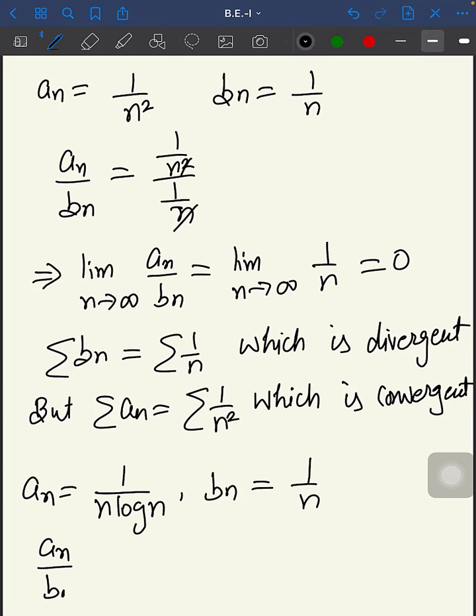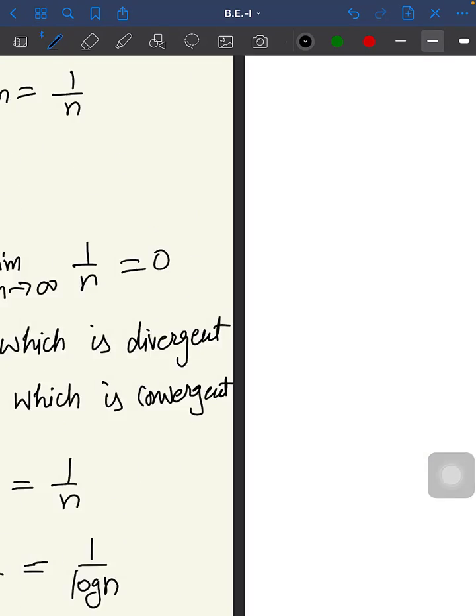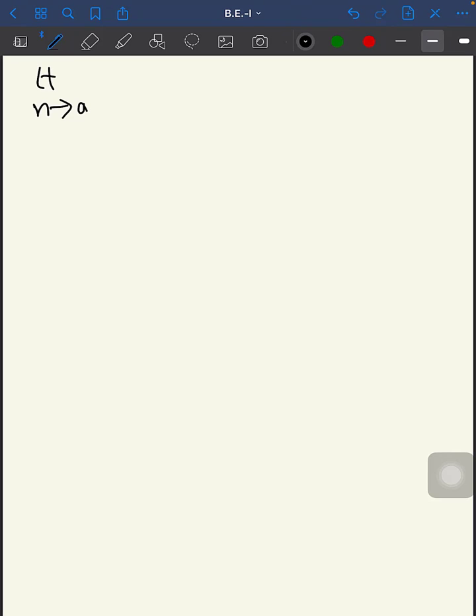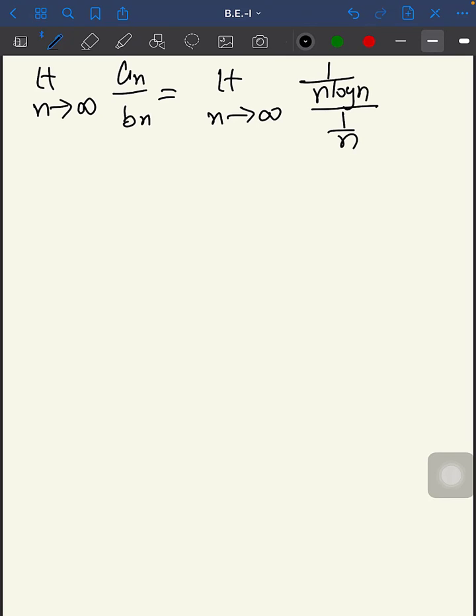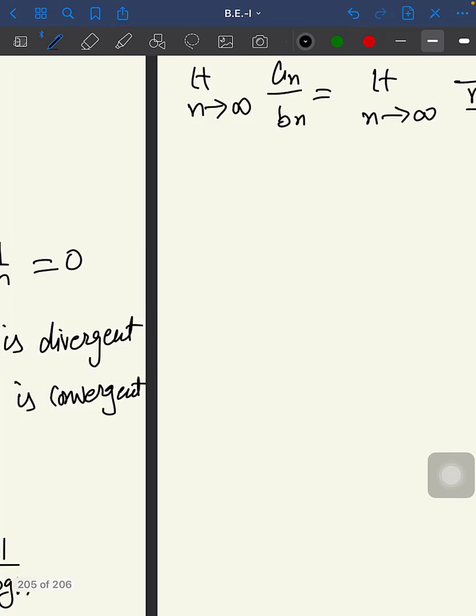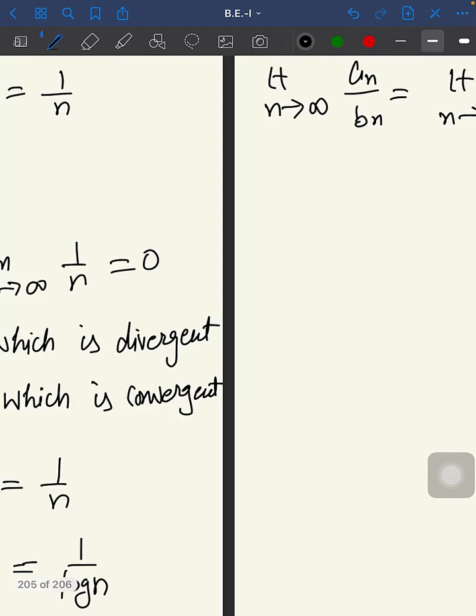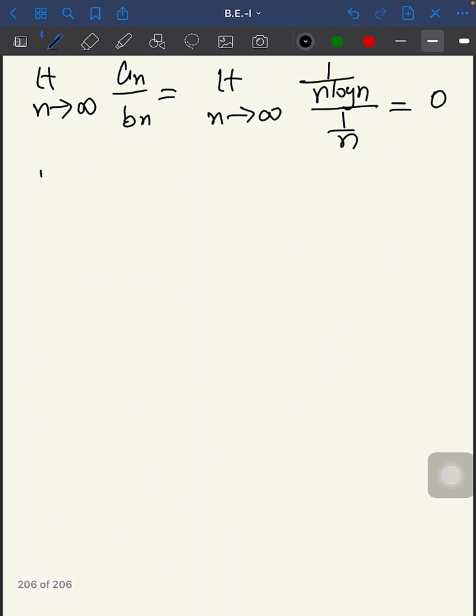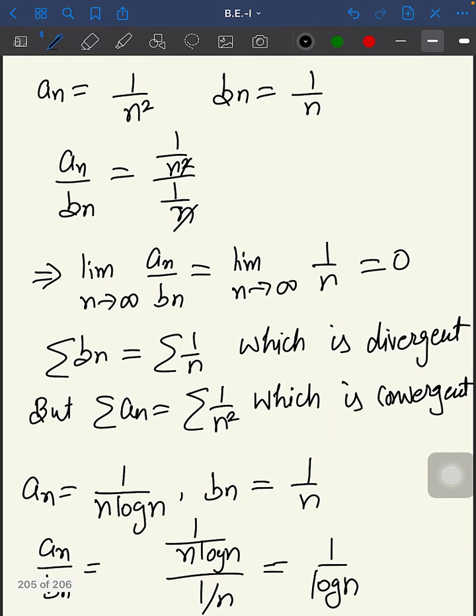Now again you make an upon bn, that means 1 by n log n upon 1 by n, which would be 1 by log n, right? So now again if you take limit n tends to infinity an upon bn, which is limit n tends to infinity 1 by n log n upon 1 by n, which is 0, right? So now if you see, again your summation bn is divergent.